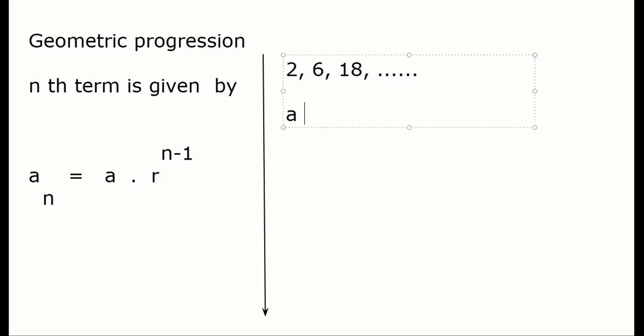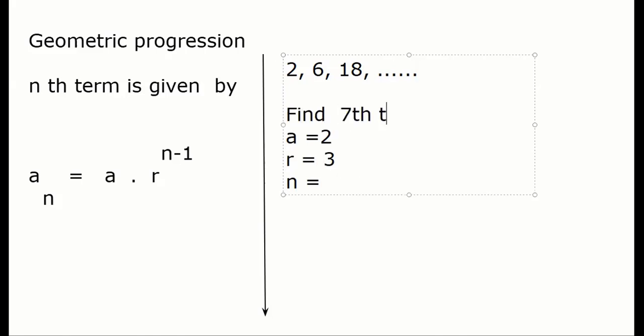What is A here? 2. First term is 2. What is R, the common ratio? 6 by 2, 3. What is n? We don't know. Suppose I make it, say, find the 7th term. If you have to find the 7th term, n is 7.